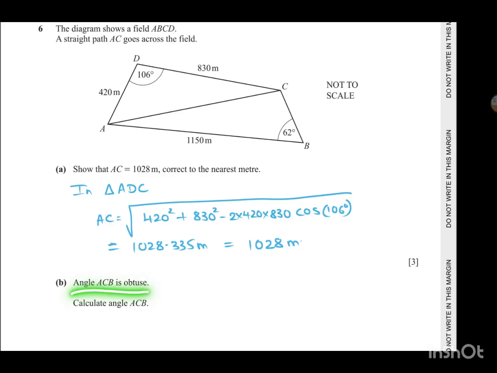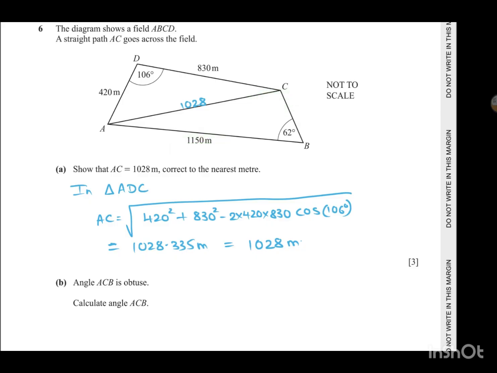Question number B. Angle ACB is obtuse. Calculate angle ACB. So this is that angle. Now in this triangle, we already got this side as 1028. Now we can use the sine rule to find this angle, because the opposite angle of side AC in triangle ABC is 62 degrees, and we need to find the angle opposite this side.